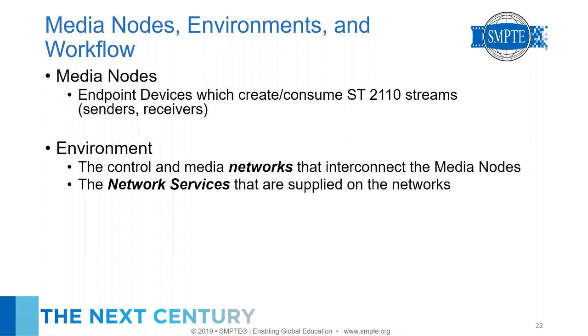In the case of a television facility, that environment is the control networks and media networks that it's connected to, the IP networks that it's connected to. And also, importantly, there are some network services that exist in those networks, so the device can wake up and expect to find certain services available to it, like PTP.